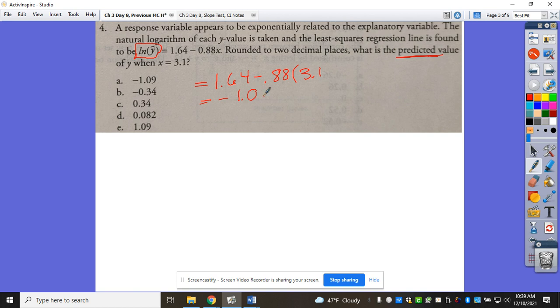Is that right? And then I take that now and have to do this to it, which gives me, which is positive, right? So C.